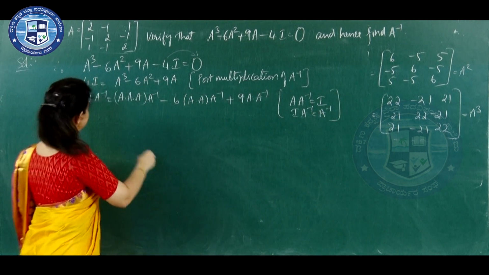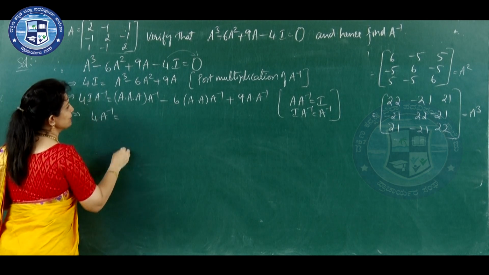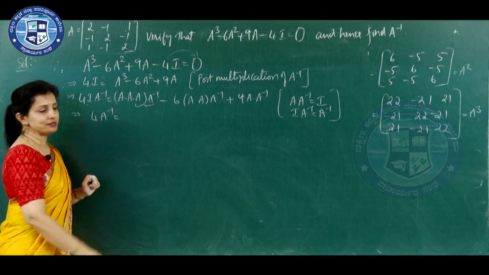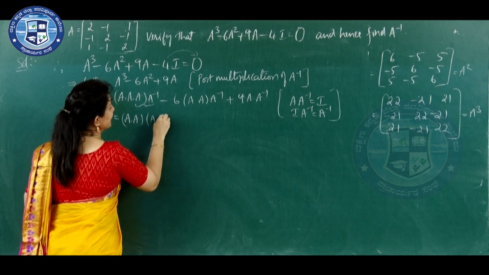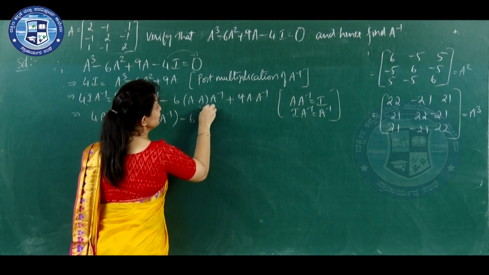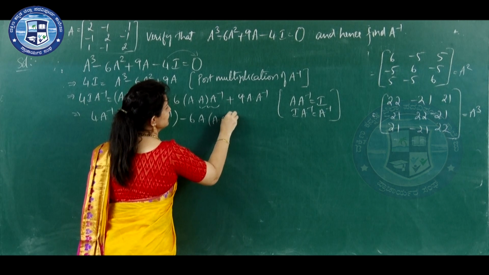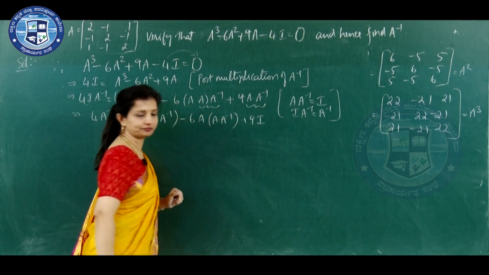Apply this. So I into A inverse is A inverse, equal to, grouping by the associative property, A into A together and A into A inverse together. And minus 6A, group these two, A into A inverse, plus 9 into A inverse is I.